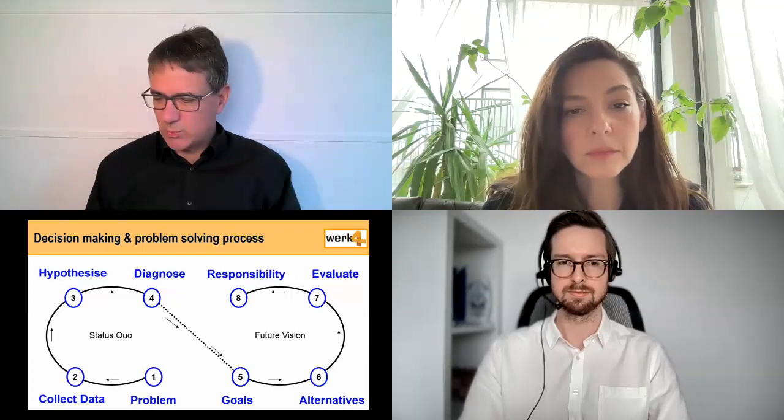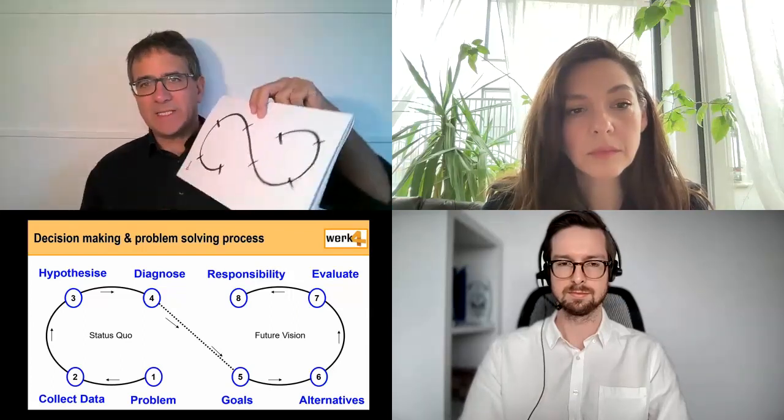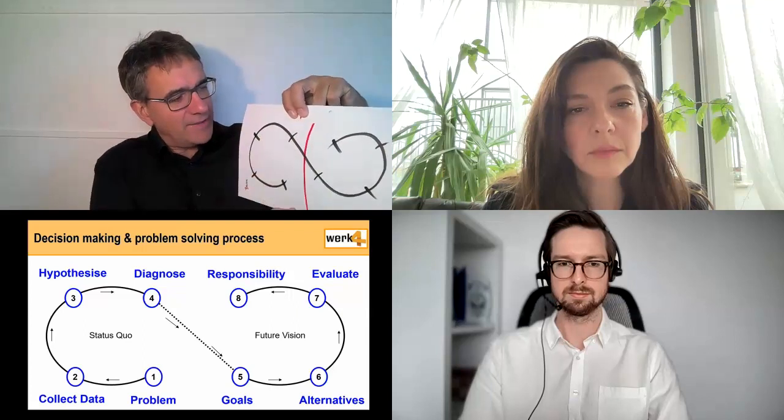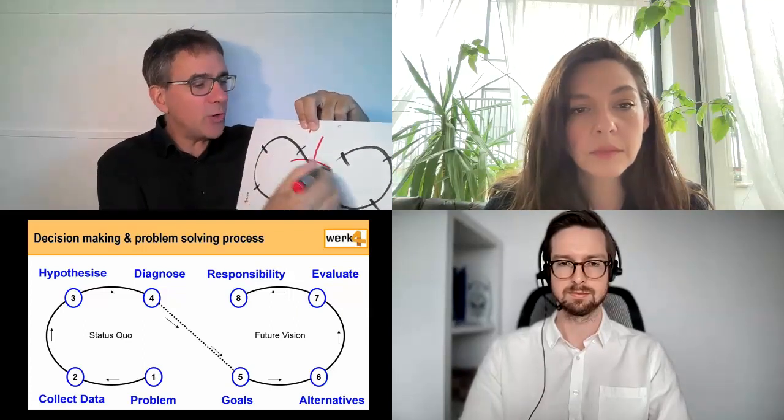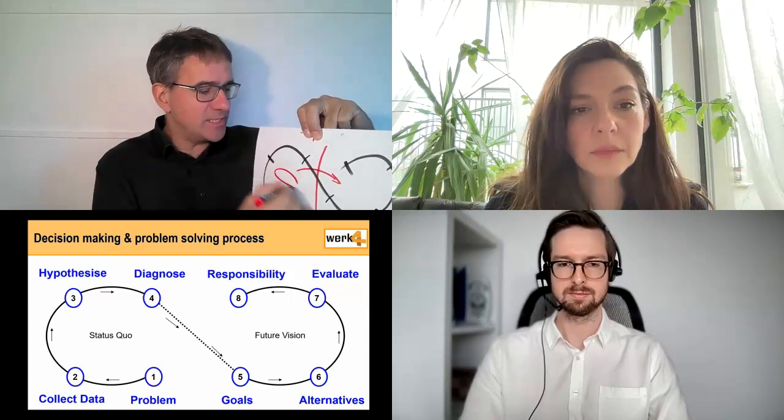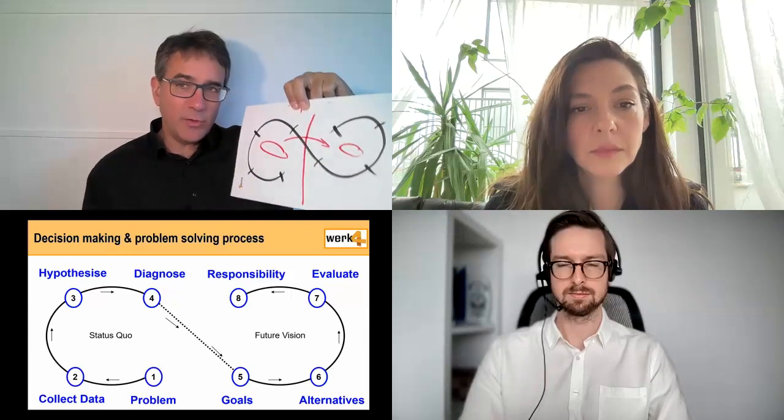And if I just visualize it here quickly, there's a line at this stage, and you're asking people, do you want to cross that line from the status quo into the future?